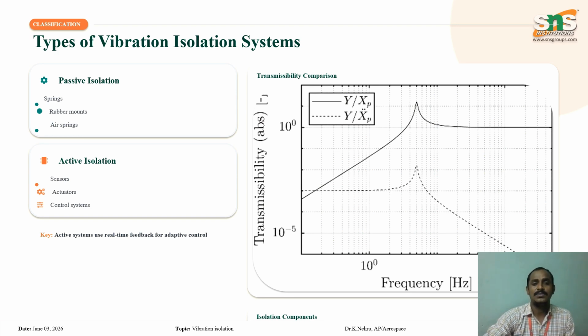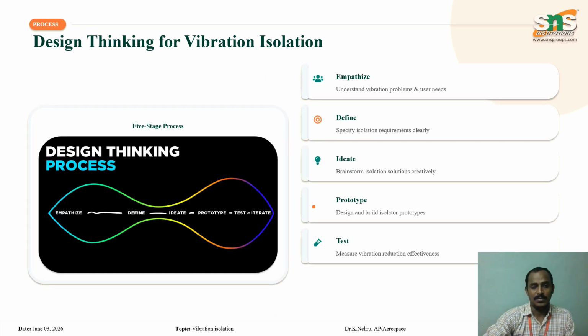Although active systems are more expensive, they provide superior vibration reduction and are widely used in spacecraft, precision laboratories, and advanced aerospace systems. Therefore, passive systems are simple and economical, while active systems are intelligent and adaptive.